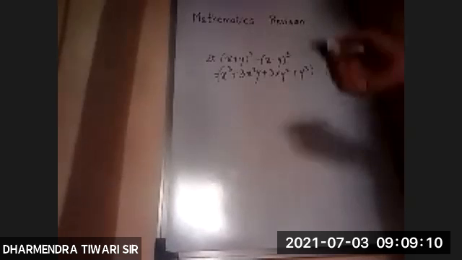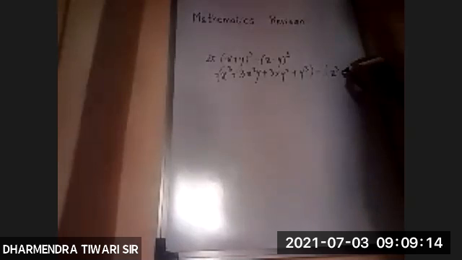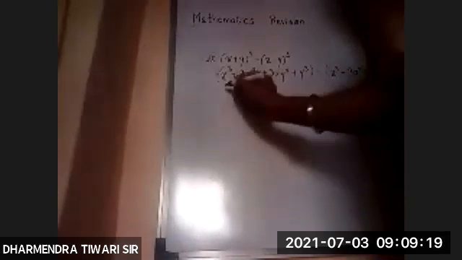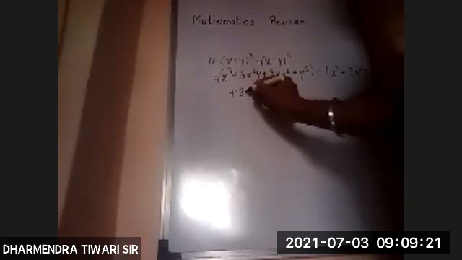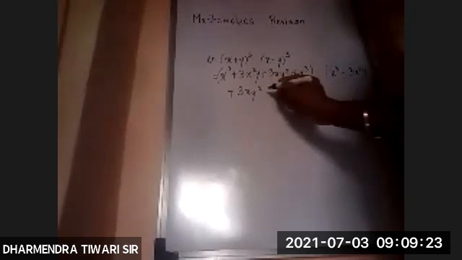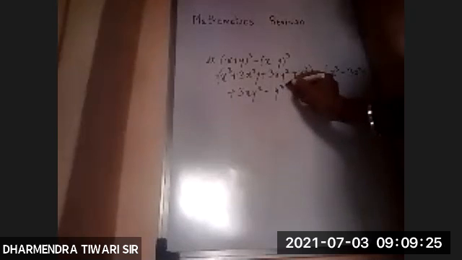The formula for x minus y the whole cube is x cube minus 3x square y plus 3xy square minus y cube.